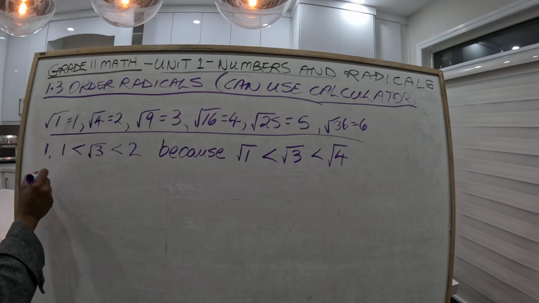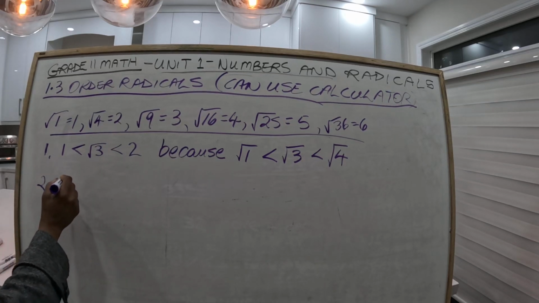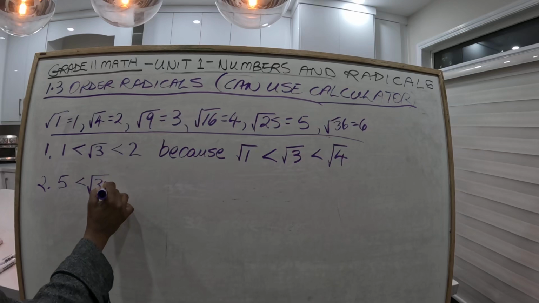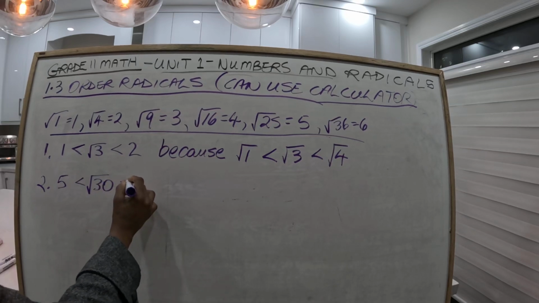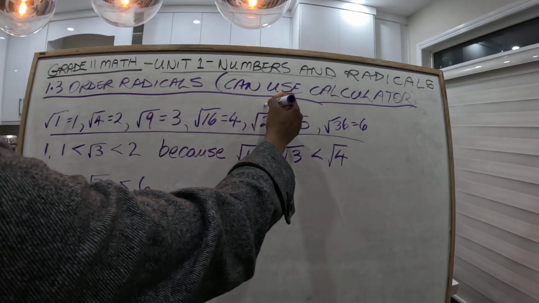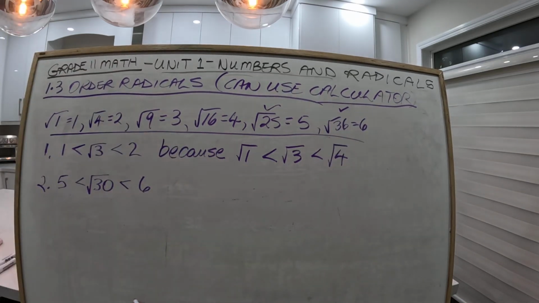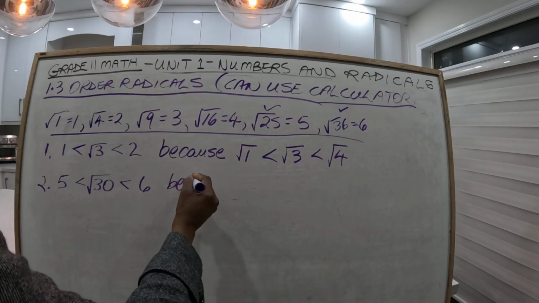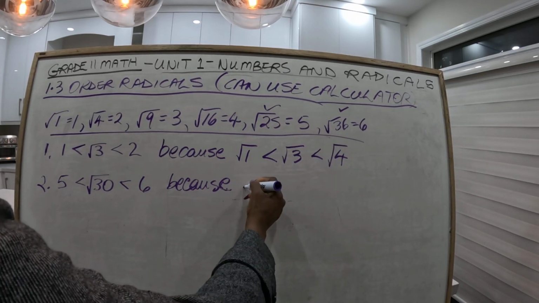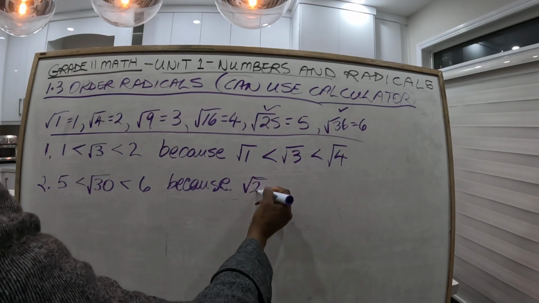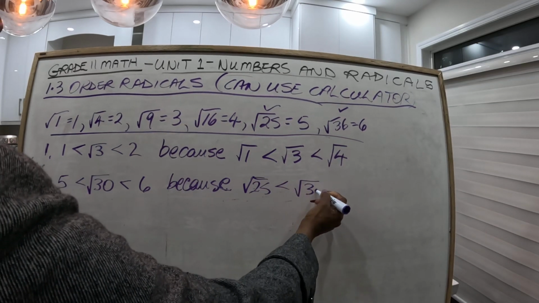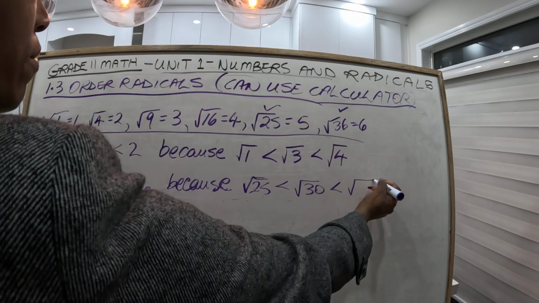Again, we can do the same thing. This is just another example. We can say 5 is greater than the square root of 30, which is also greater than 6. And if we look here, we found that because the square root of 25 is smaller than the square root of 30, which is smaller than the square root of 36.